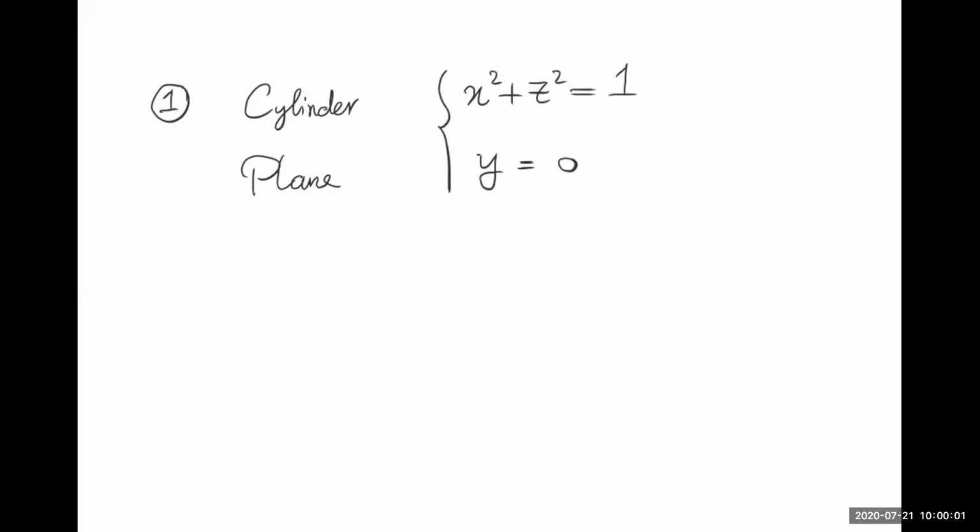What I would want you to do, for example in the exam, is sketch these two surfaces.